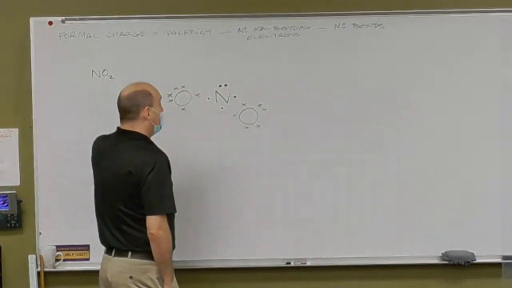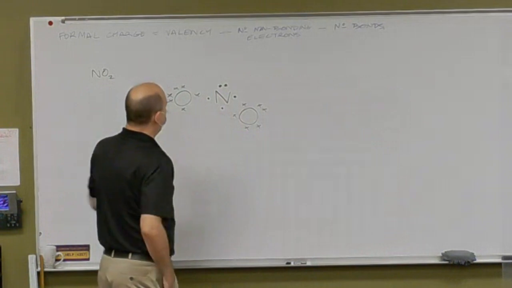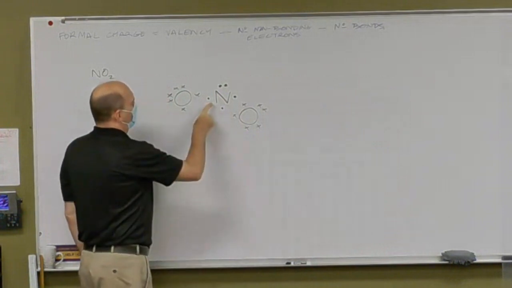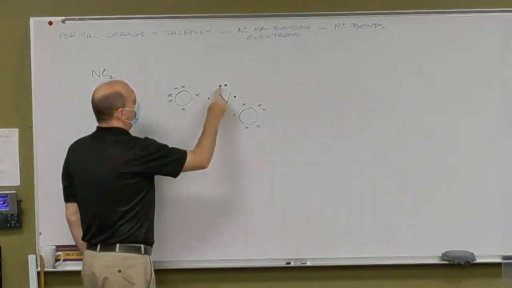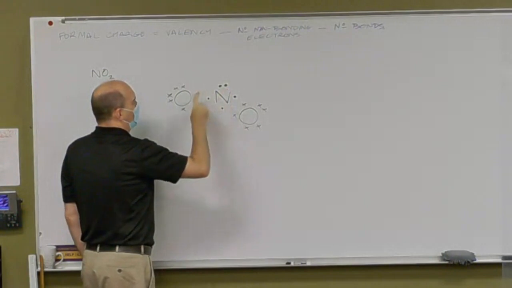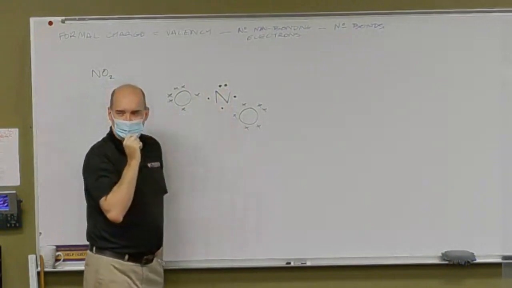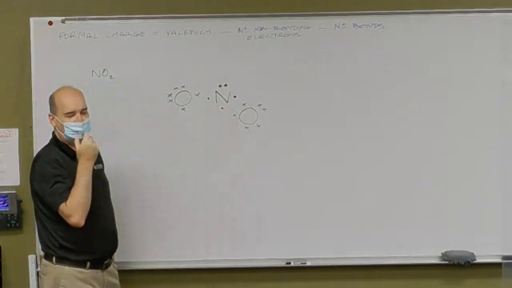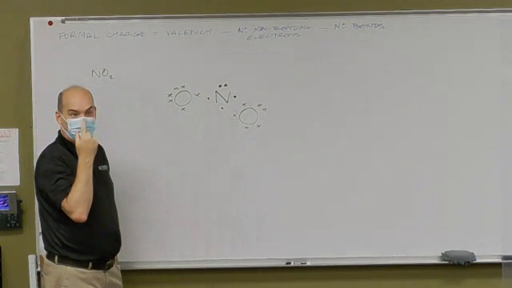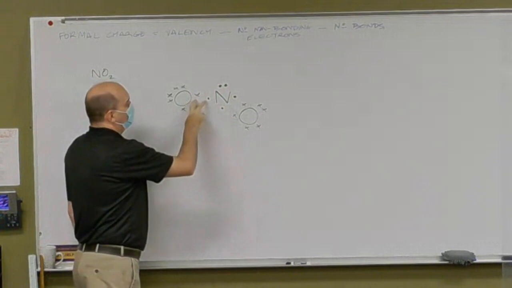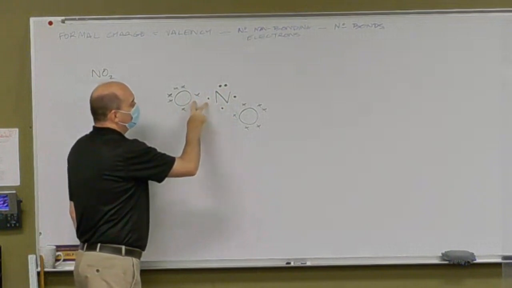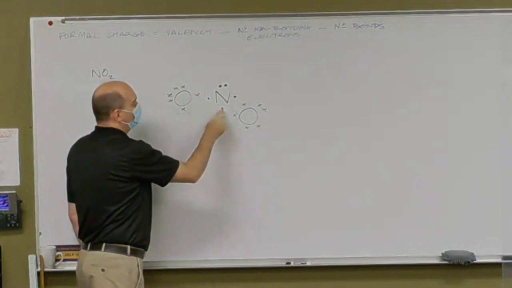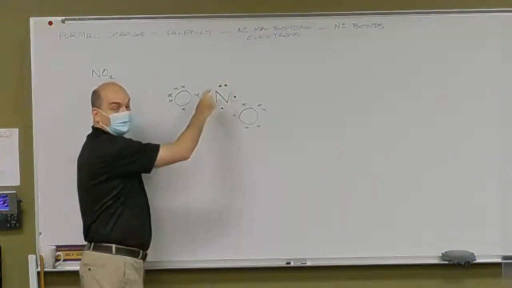But a little bit of logic says this nitrogen's left over with 2 electrons right here, and oxygen is more electronegative than nitrogen. So maybe the oxygen should have the electrons. That nitrogen has 1, 2, 3, 4, 5, 6, 7, 8.